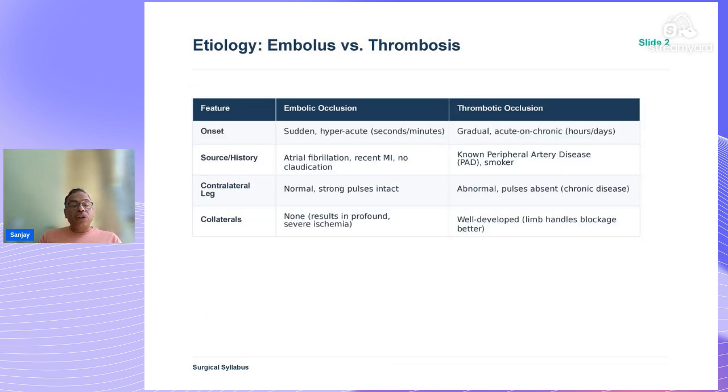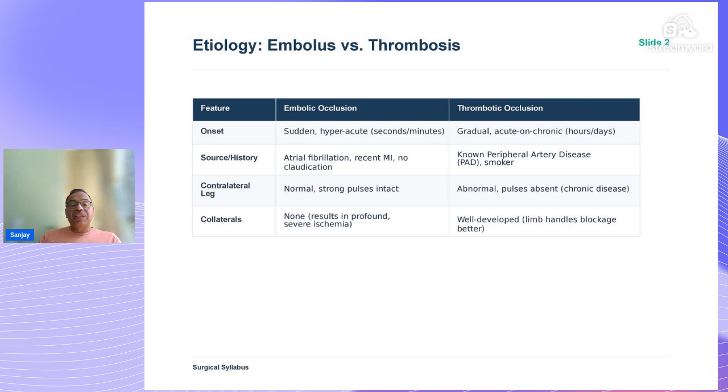Now, the etiology of acute limb ischemia: we have a very common etiology of embolus versus thrombosis. Most of the time it is an embolic occlusion arising from a source of embolus, which could be a thrombus, mechanical or prosthetic heart valves, or infective endocarditis. How would you differentiate embolic occlusion from thrombotic occlusion?